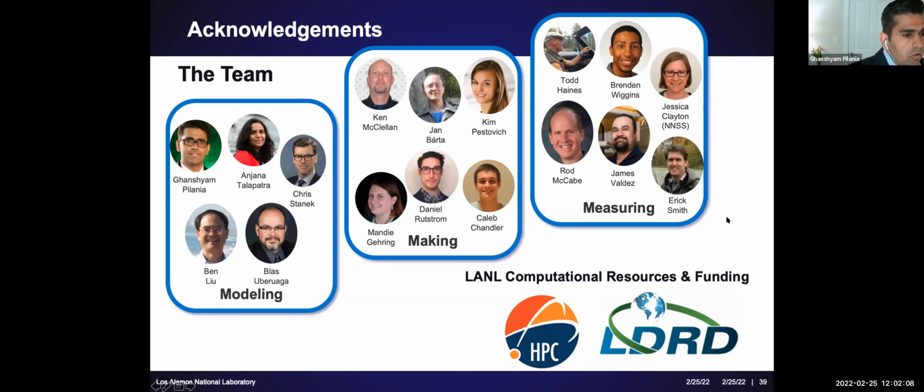You can also use your domain knowledge and try to understand the mechanistic details of the problem, and then try to come up with your own fingerprints or descriptors that you can then compute from first principles or a lower level of theory. So these are all the possible scenarios to consider.